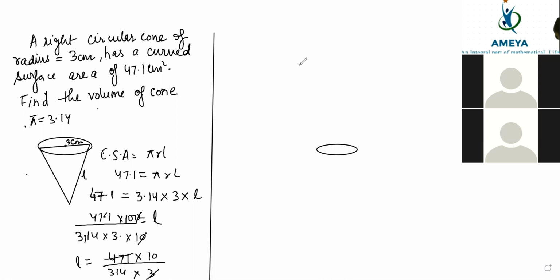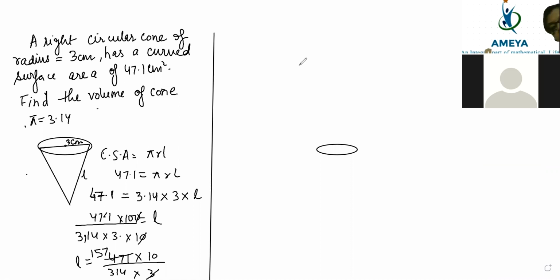So this one will become 3 ones are 3, 3 twos are 6, 3 threes are 9... 3 fives are 15, 3 sevens are 21. Okay, so L is coming how much, beta? Here L will be 157 into 10 by 314. It will go 2 times, 157 and 314, and it will go 5 times. So slant height is coming 5 centimeter.